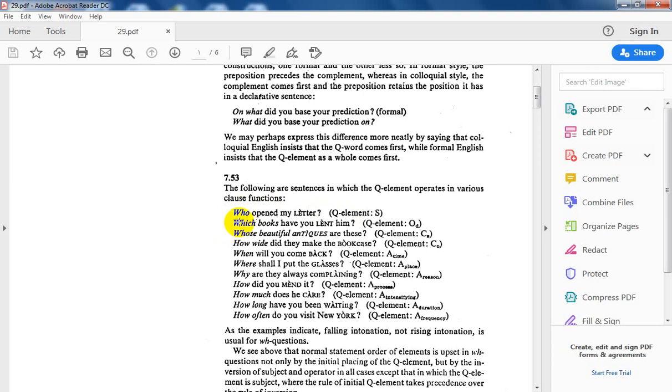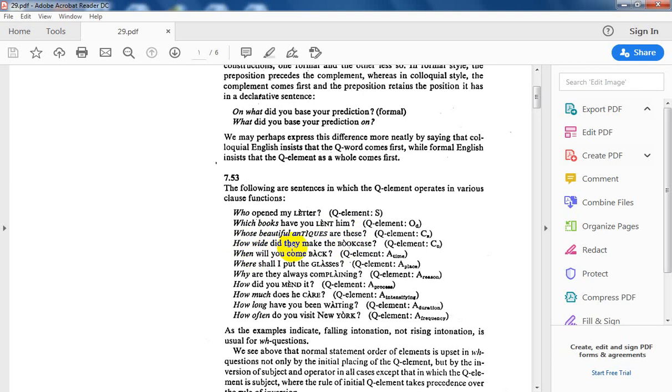So the function of who is S: a Q element asking about the subject. Here, which has the function of direct object. Whose has the function of subject complement: Whose beautiful antiques are these? So it is subject complement.